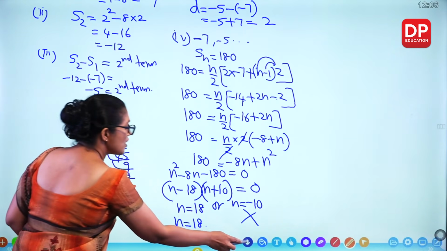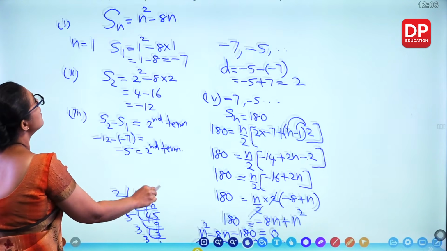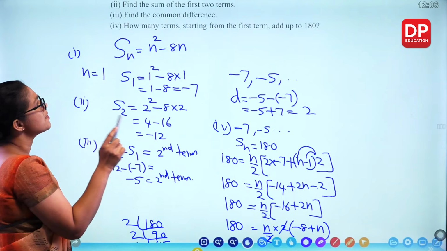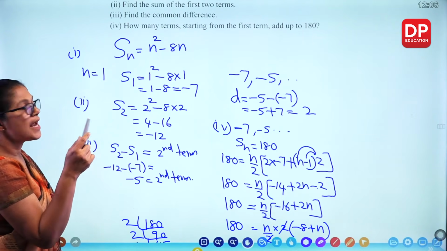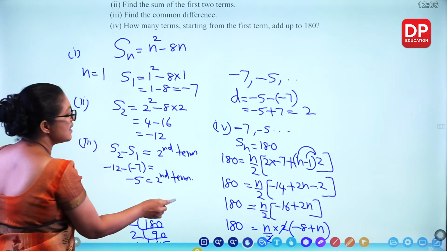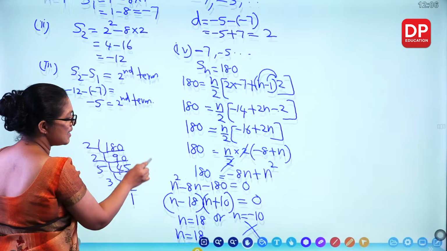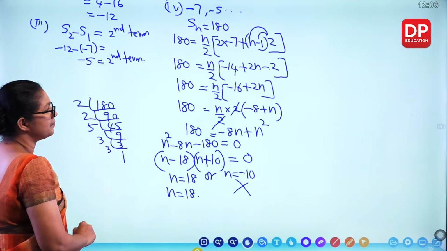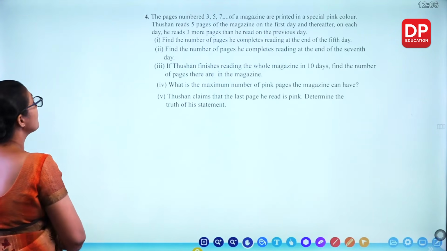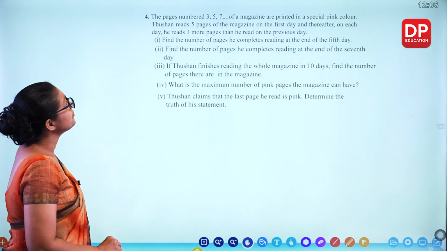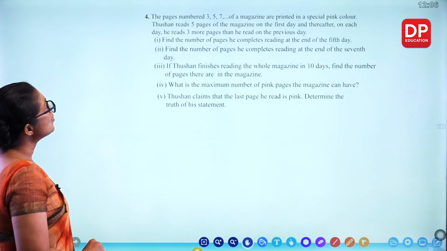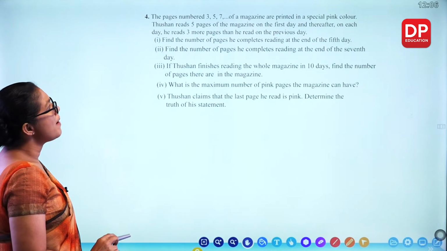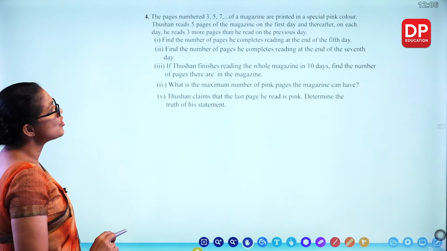So what's the question? Question was how many terms starting from the first term add up to 180? That's 18 terms. Question number 4. The pages numbered 357 of a magazine are printed in a special pink color.